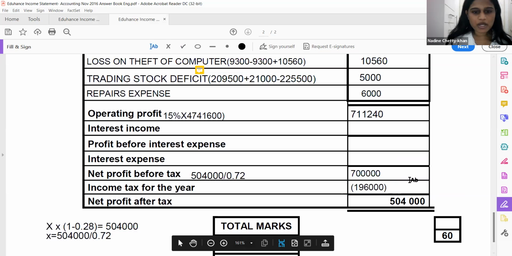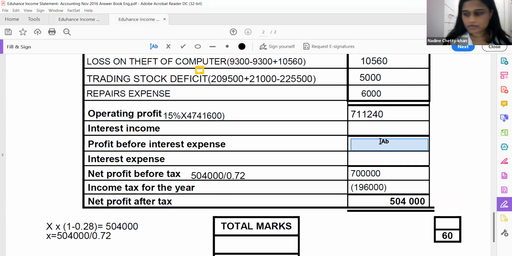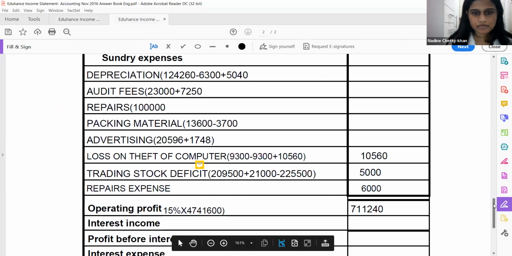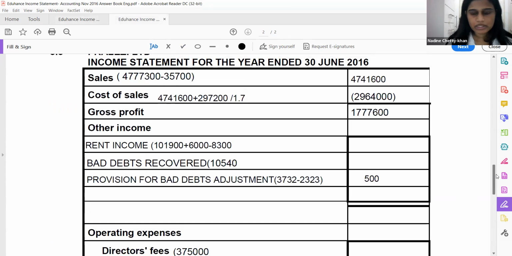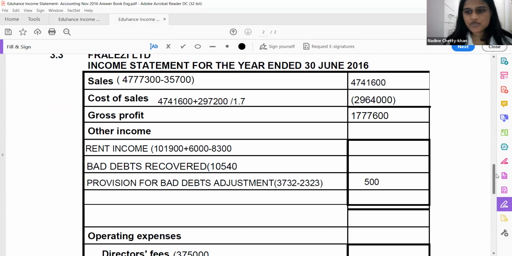Now we are going to work backwards here, okay? Let's start from the top first. Okay, we have our sales, we have our cost of sales, we have gross income.